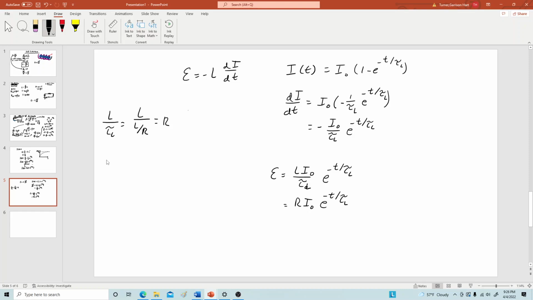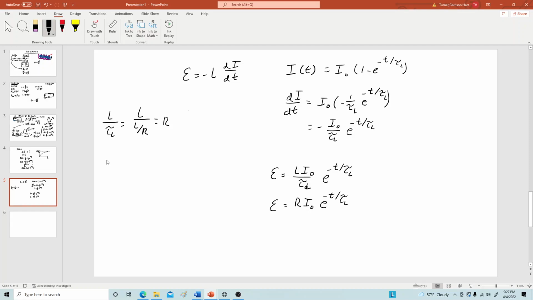And R I naught would be the initial potential across, not the initial potential, I'm sorry, it is not the initial potential across the resistor. It is going to be the total potential across the battery, right?